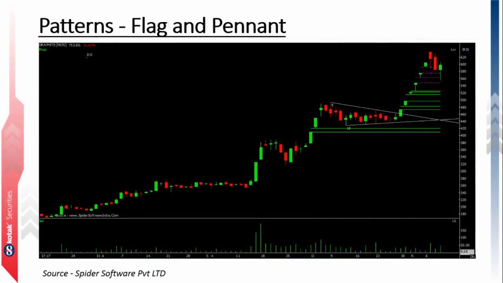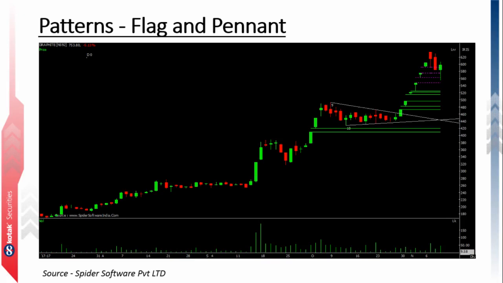Flag and pennant formation, it's very visible. In the previous session on price gaps, we considered this example that after leaving a gap on a daily and weekly basis, the stock takes time. Sometimes they go into flag formations or continuation formations, and to identify in which formation the stock is, we can draw trend lines.